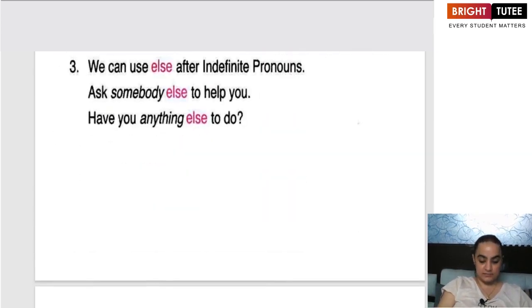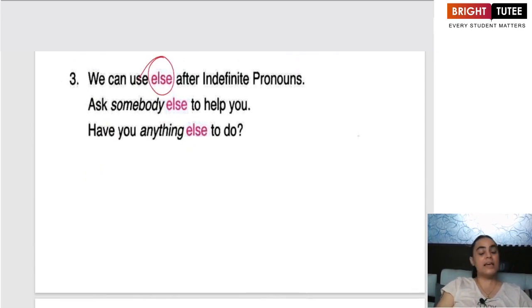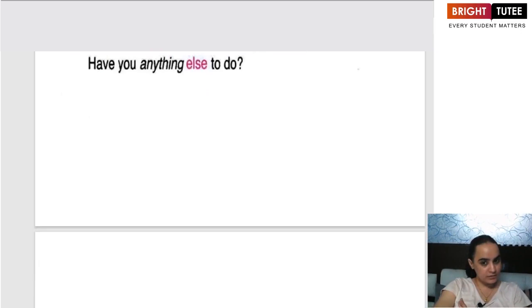Else can also be used after indefinite pronouns: somebody else, anybody else, anything else, nobody else, everyone else, everybody else. So we can use else after the indefinite pronouns.